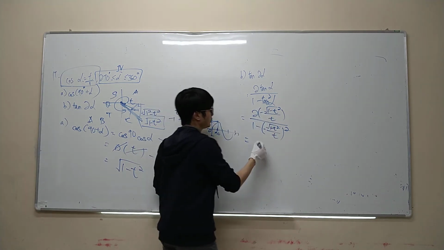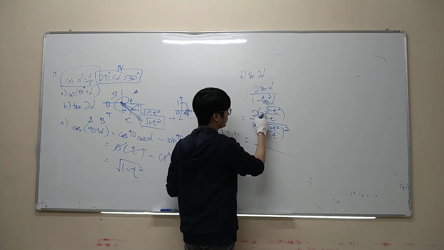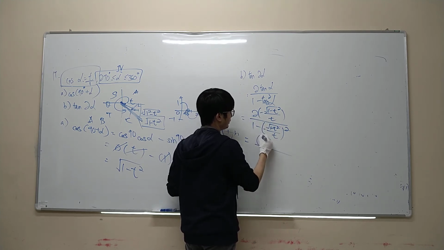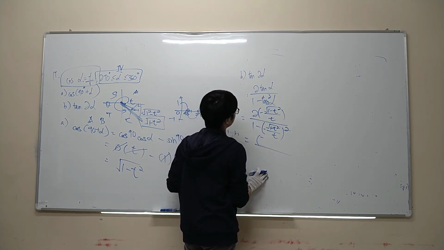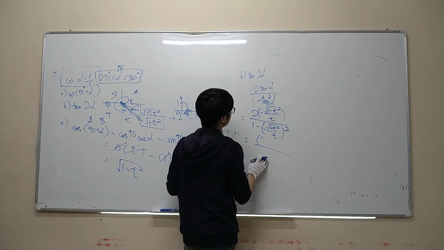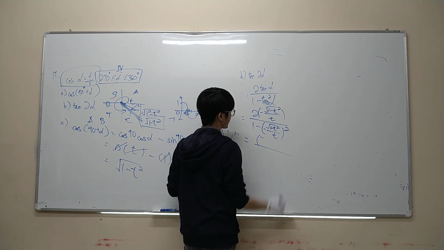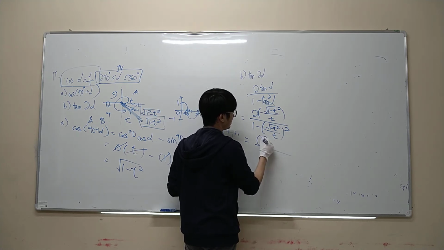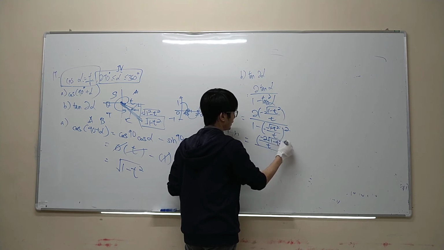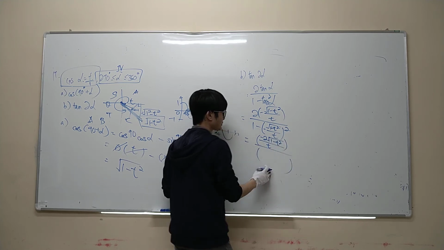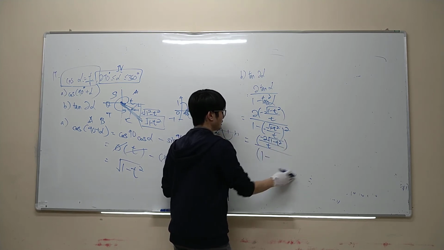Okay, that's all. So the top first, what is it? 2 times this, so you get negative. Okay, it's fine, we do negative 2 first. This one is over t, right? So square root 1 minus t square. Okay, the bottom is 1 minus.